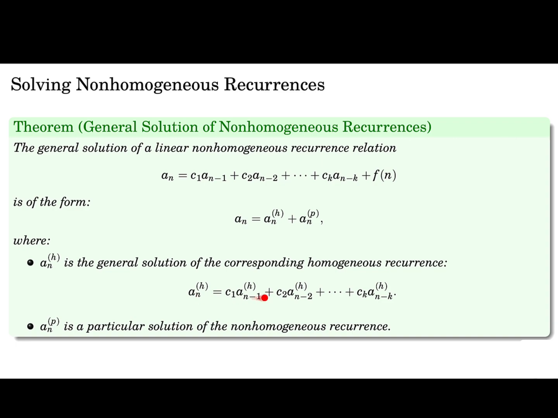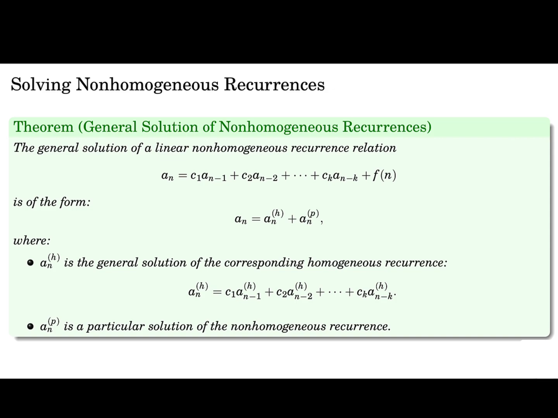So write out the homogeneous, find the solution to that, and that's going to be this part, plus a solution to the particular case. So you need to find any solution to this, and you're done. So in other words, to solve this here, find any particular solution, and then add to it the solution to the homogeneous, and this will give you the general form.